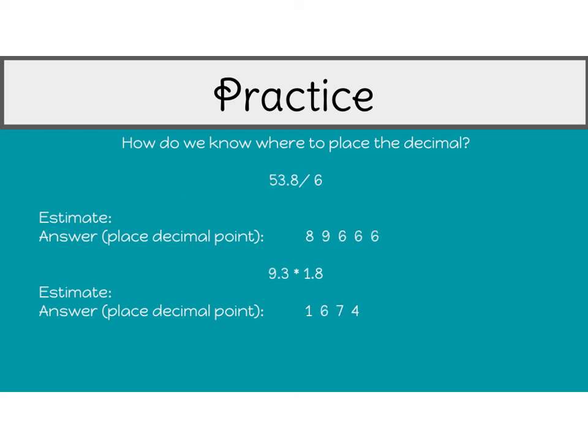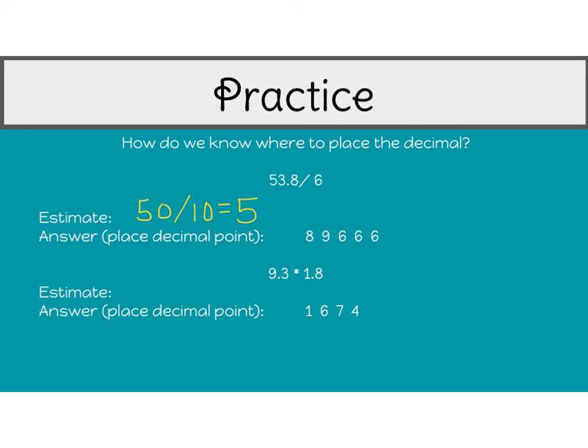So let's do a couple more practice problems. Again, we're going to try to figure out where the decimal goes. So our problem here is 53 8/10 divided by 6. So we're going to do our estimating first. And I'm going to make that 50 divided by 10 equals 5.